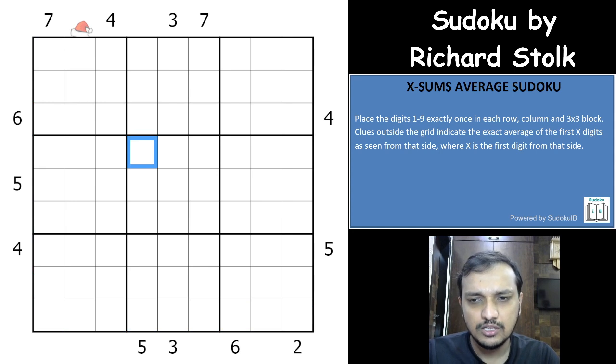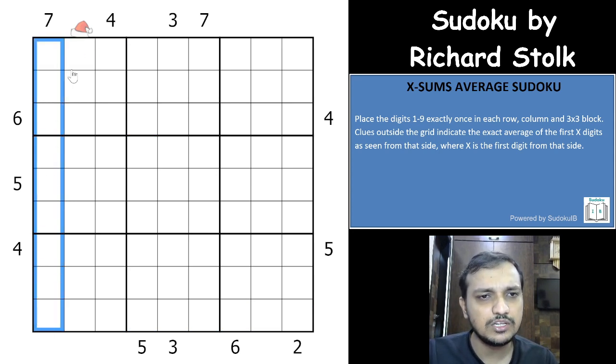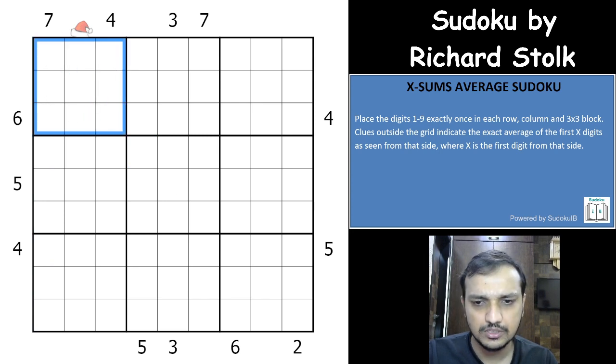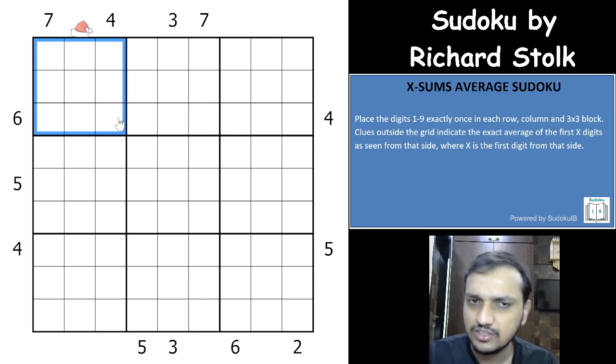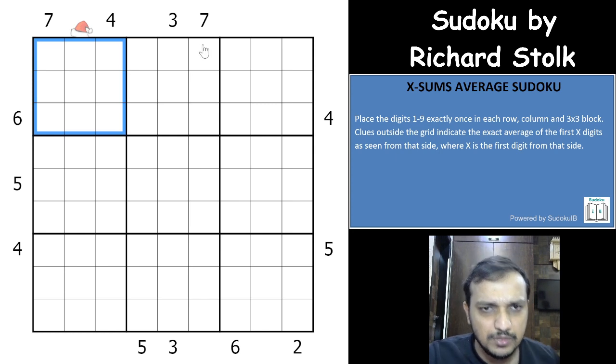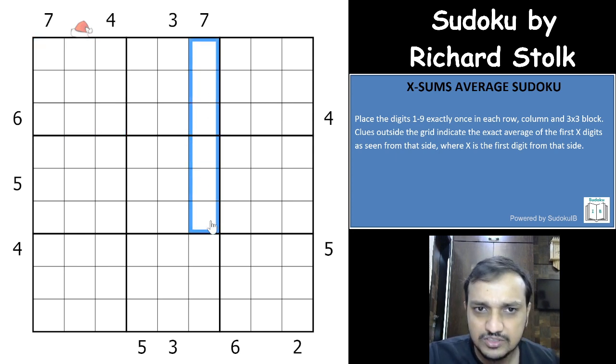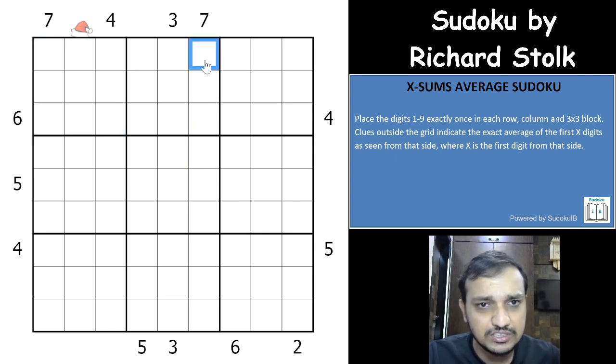You need to place digits from 1 to 9 in each row, each column, and 3 by 3 box without repetition. Apart from that, clues outside the grid indicate the exact average of the first X digits seen from that direction. For example, the average of the first 6 digits would have to be 7 if the first digit is 6.